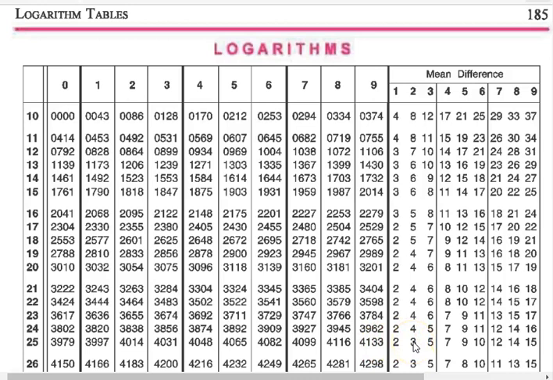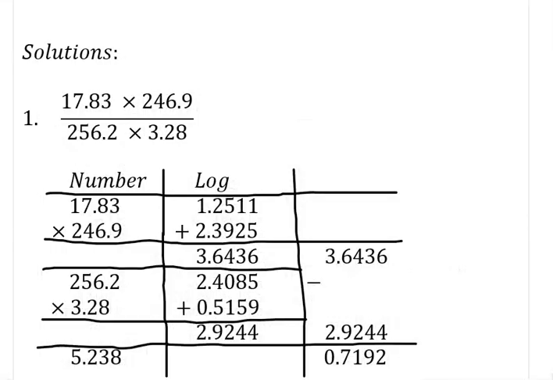Difference 2 is 3, so you add it, it will give you 4085. That's why we have 4085 here. Beautiful. So don't forget, we have 3 digits number, 1 2 3 before decimal, that's why we have 2 here. Now we have 1 digit number before decimal, that's why we have 0 here.